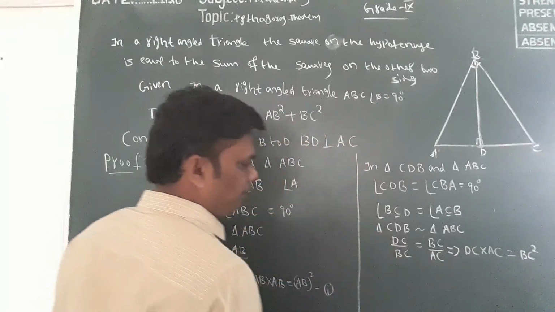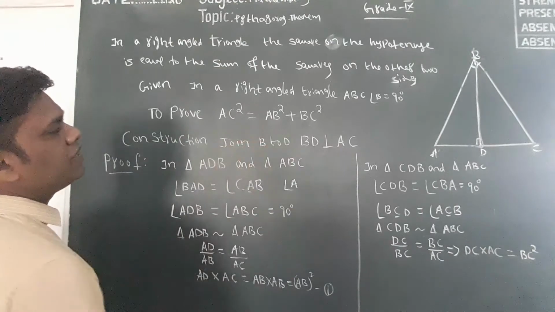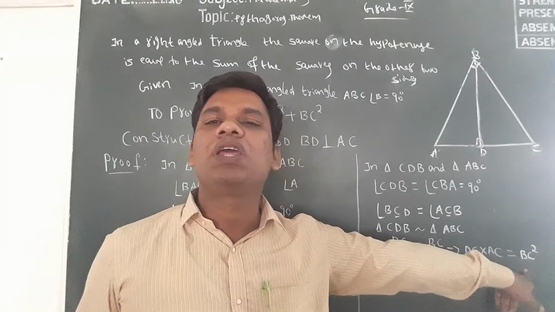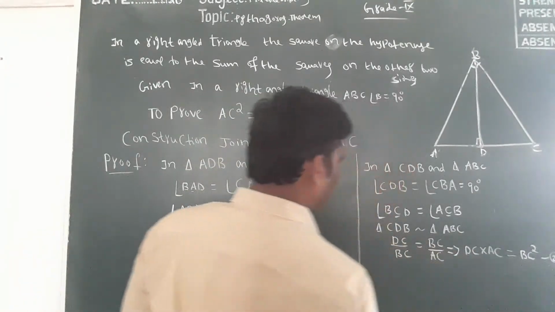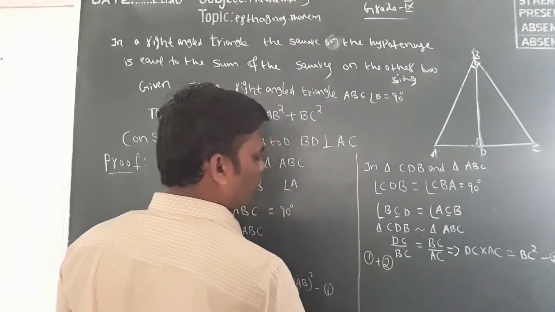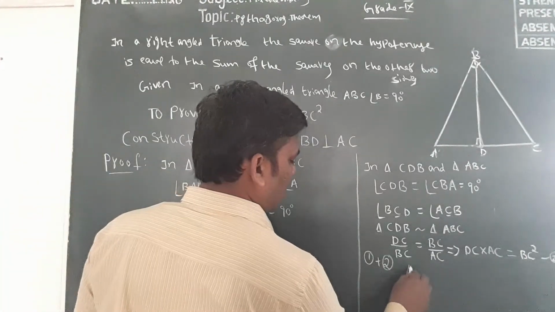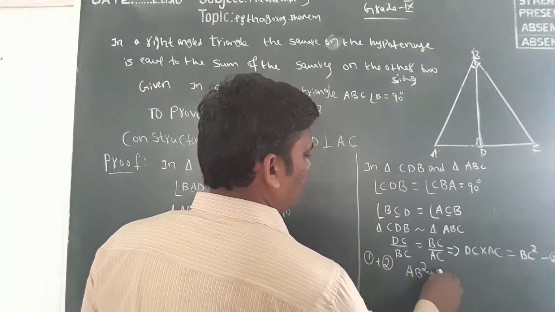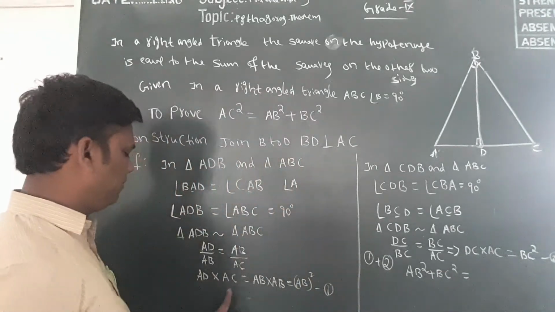So now you see what we have to do actually: AC square equals AB square plus BC square. See, AB square came here and BC square came here. Okay, take the second equation, equation 1 plus 2. Means AB square plus BC square is equal to, what is AB square?